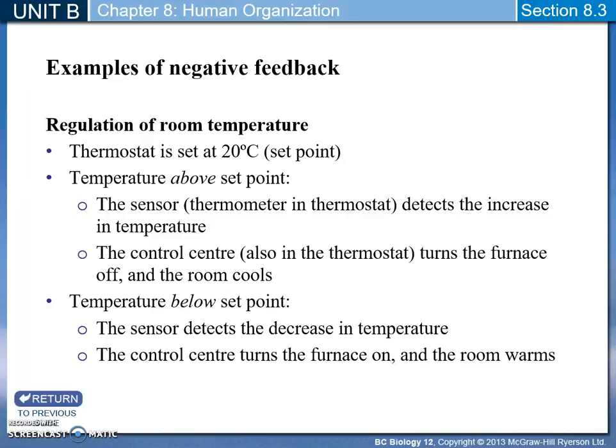Your furnace is either on or it's off. It's not a little bit on, or a little bit off. And so depending on the circumstances, that's what will happen. Either you need more heat in the room, so the furnace will go on, and if there's too much heat, then the furnace will turn off.